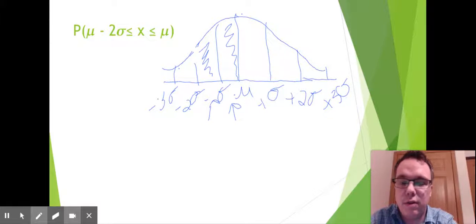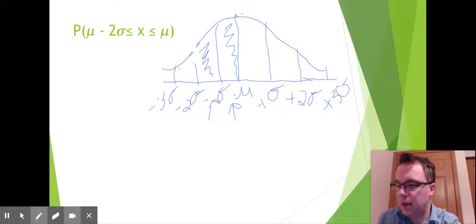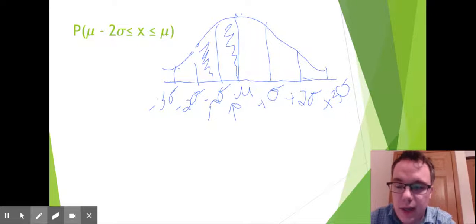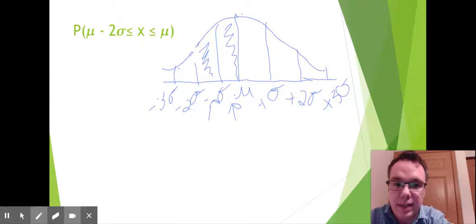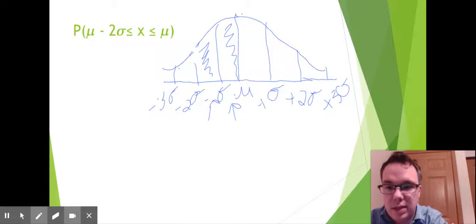And all we have to do to find our probability is add up the sections that we had before. So if we look back at our graphic, between -1 standard deviation and the mean is 34% of our data.